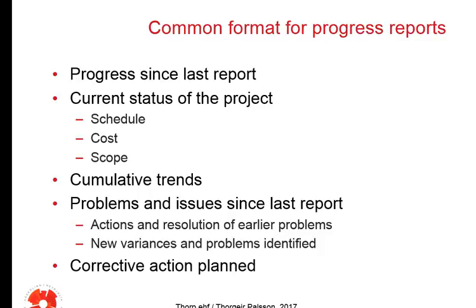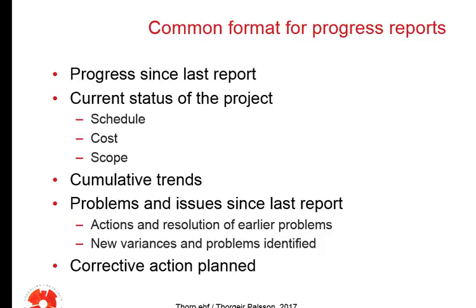Progress since last report, current status of the project, you should always focus on those points here. Cumulative trends, and you could use the indexes for that. What is it and how is it developing, etc. Problems and issues since last report. Always try to pull as much as possible in terms of learning information out of it.